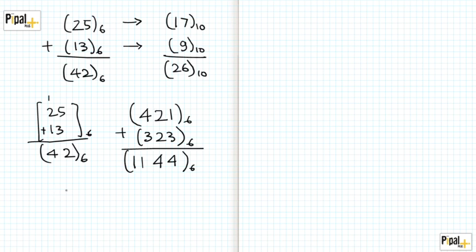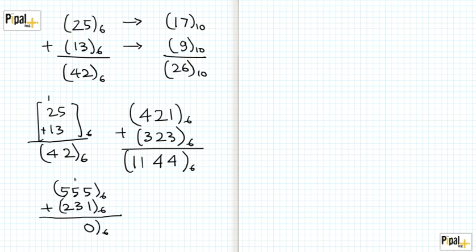Let's do another example. This time let's take 555 plus 231, both in base 6. Now this time 5 and 1, they add up to 6 in decimal, but 6 in decimal is 1 0 in base 6, so we write 0 and we carry 1 over.